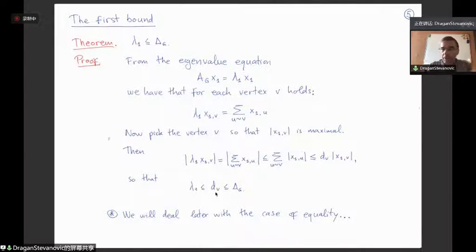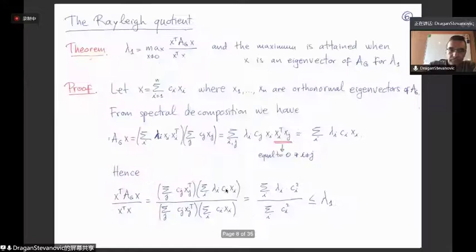We don't know which vertex exactly v is, but we know that its degree is bounded by the maximum degree. And so lambda 1 is less than or equal to capital Delta, and most often, say 99% of cases, the vertex v will actually have the maximum degree. So there will be equality here most often.